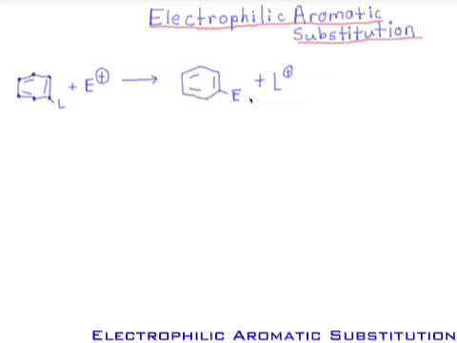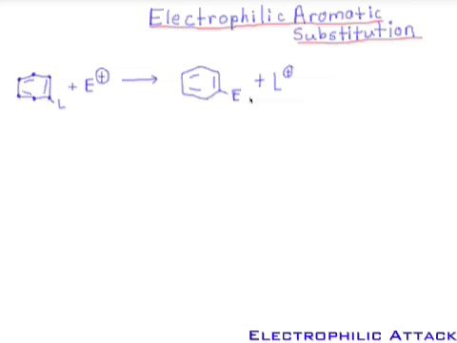We produce what is called a resonance benzenonium ion. So let's look at the first step of electrophilic aromatic substitution, step 1, the attack of the electrophile.